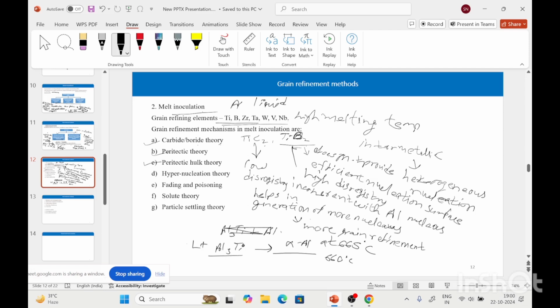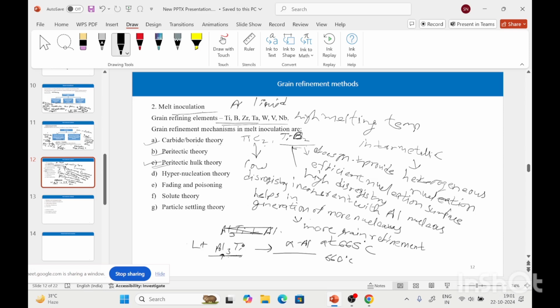The dissolution of the particle leads to further reaction with the other elements present in the liquid metal, so that leads to grain refinement.